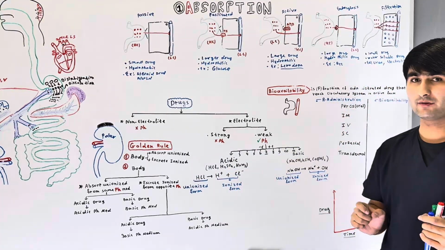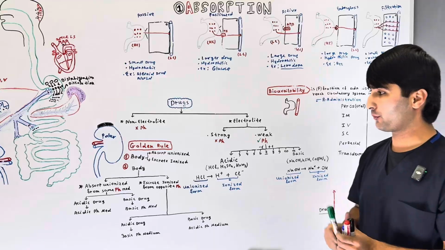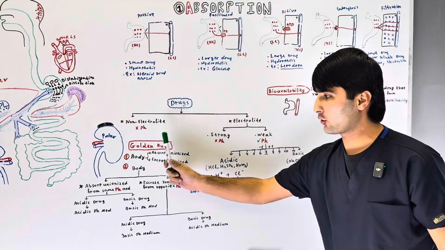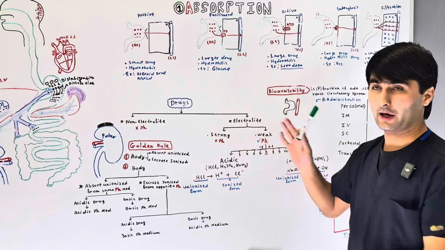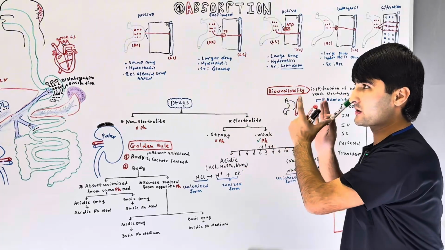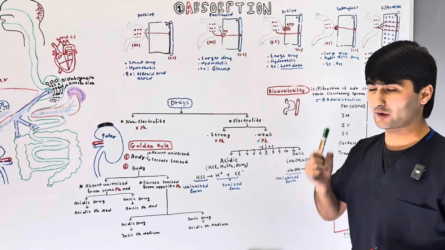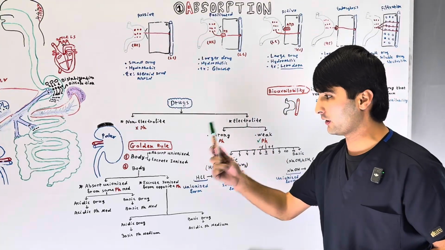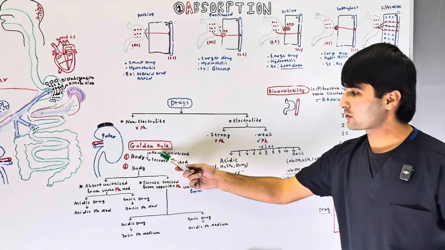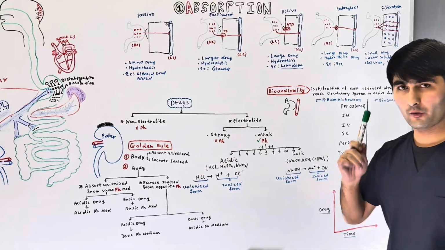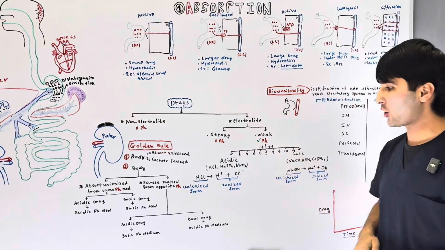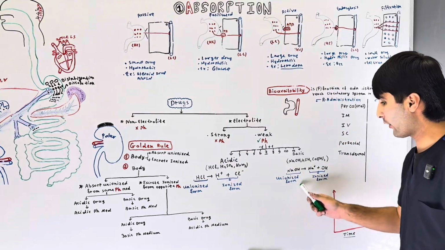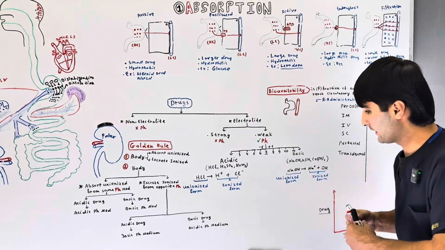Now here we have the golden rules. You should listen to me carefully. This is the golden rule in the human body for the absorption stage of pharmacokinetics. What is this golden rule? The first golden rule: the body absorbs the unionized form. Always, the human body absorbs only the unionized drug.